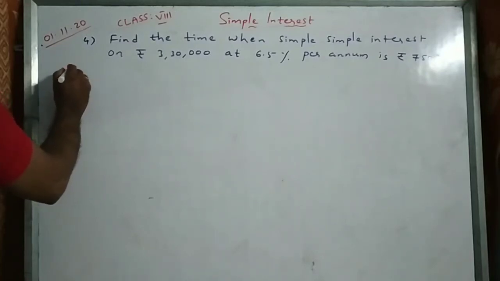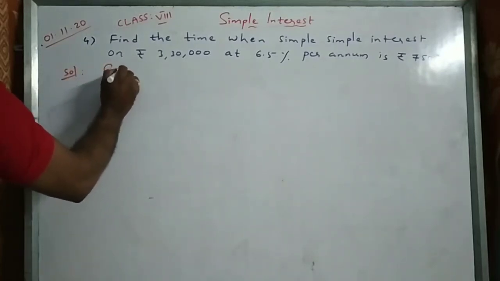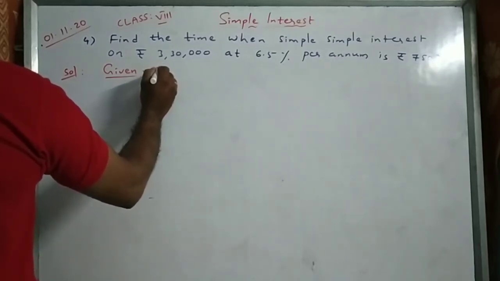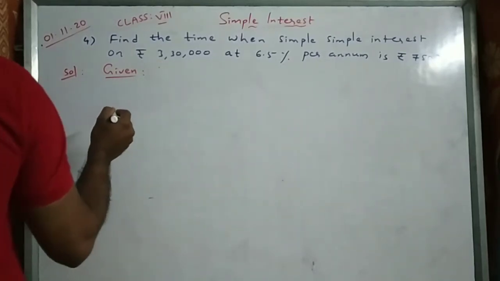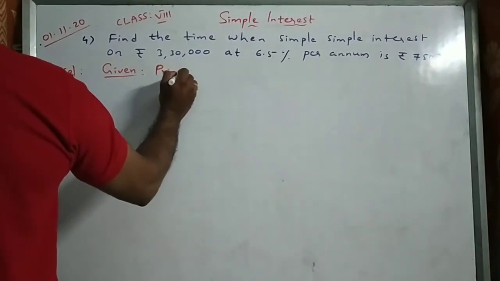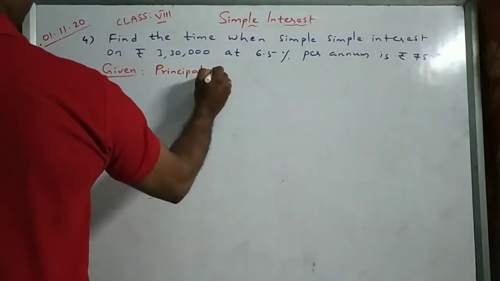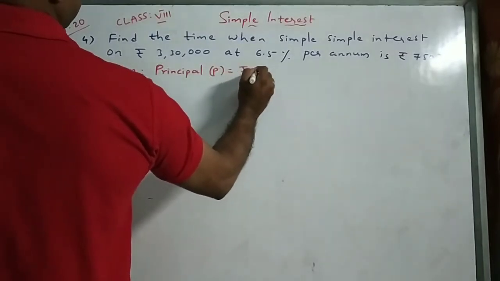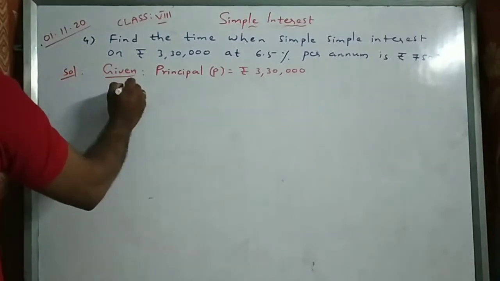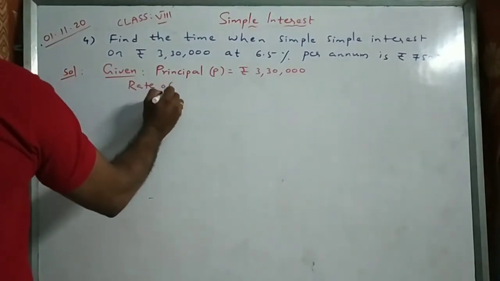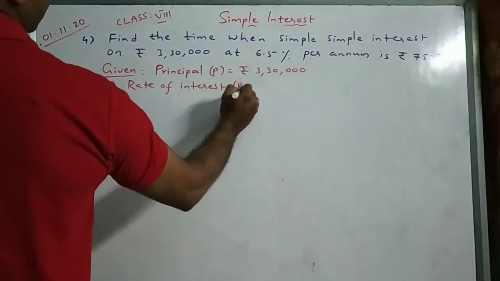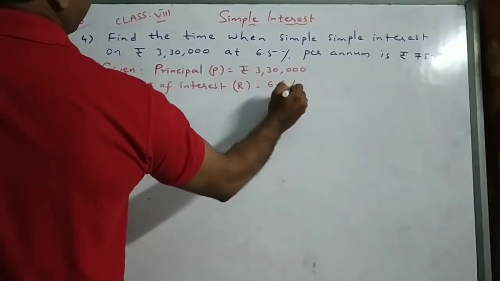What is given here? Principal amount is given, right? Principal amount is rupees 3,30,000. Okay. The rate of interest is given. R equal to 6.5%.